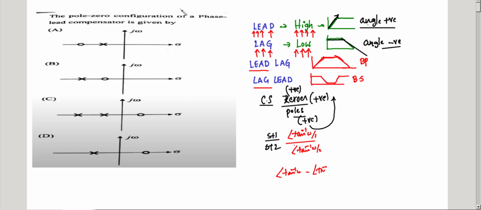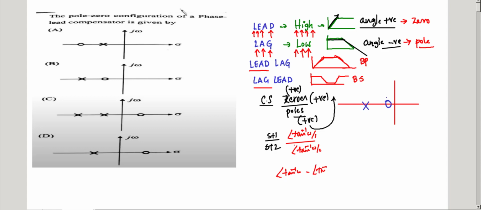So now, angle positive means 0, angle negative means pole. For high pass filter, angle is positive. Angle is positive means 0 is nearer to the origin, then after that you have a pole.